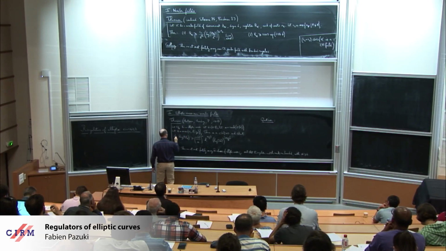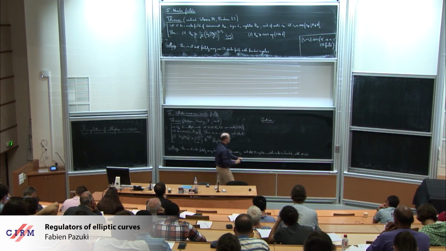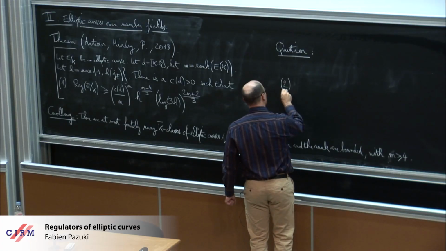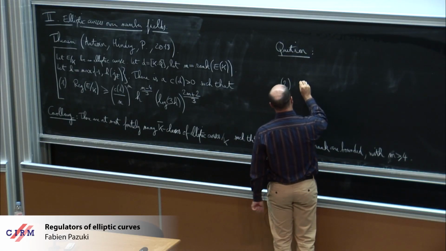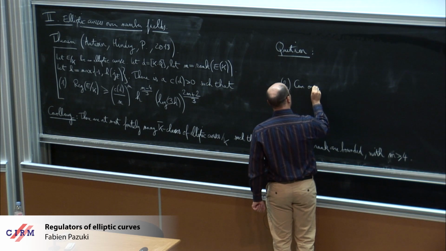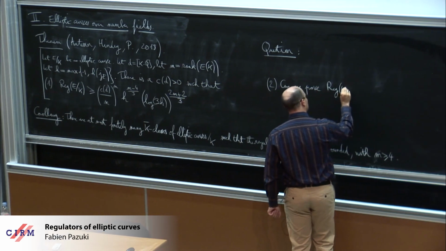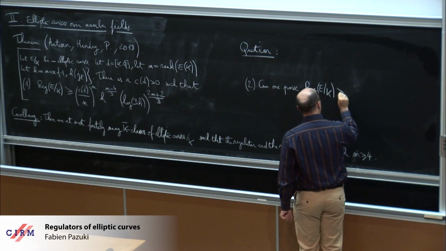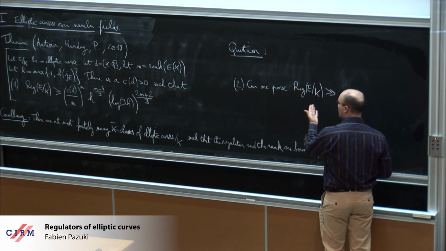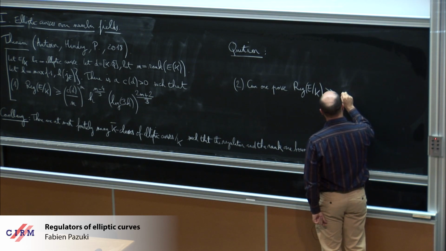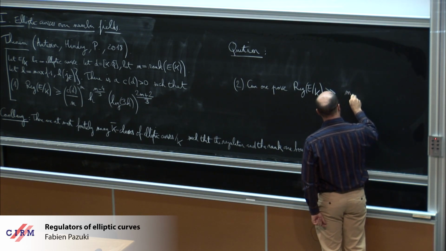So if you want, this is 1 for the elliptic side, and 2 for the elliptic side would be, is it true that the regulator of an elliptic curve is somehow bounded from below by the rank?